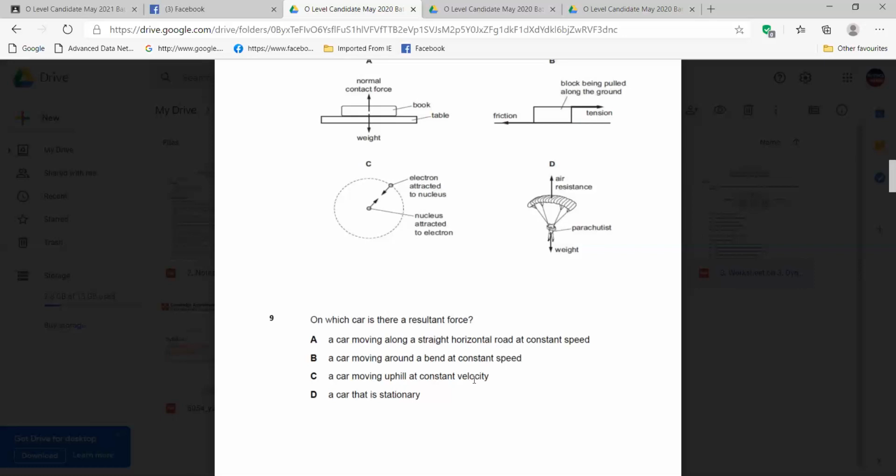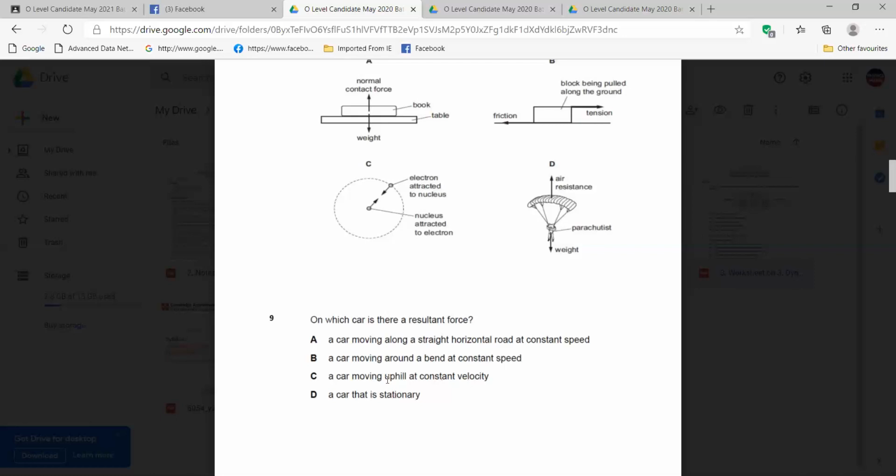So in that case we don't have any resultant force. Maybe there will be weight, friction, and the forward force from the car. Three forces are working.